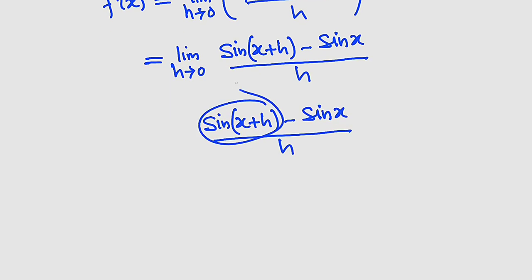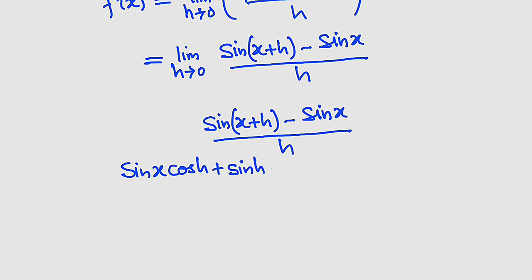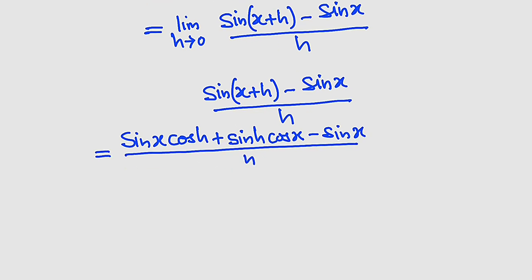If we want to expand sine of x plus h, using the double angle formula we have sine of the first angle multiplied by cosine of the second angle, plus sine of the second angle multiplied by cosine of the first angle. Then don't forget to subtract sine x here, then divide by h.